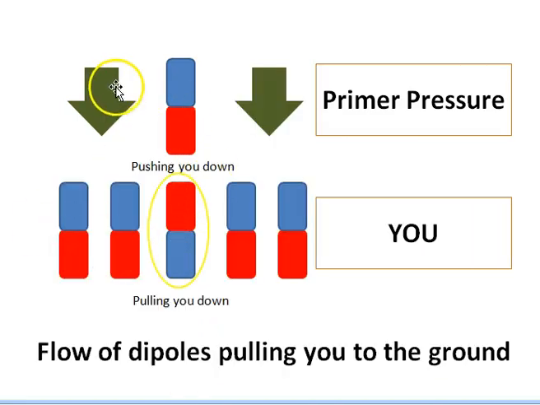And if there's many of these things raining down on you, they'll all, in a way, push on you, and then when they go past you, they'll begin to repel. These two will begin to attract you down to the earth. But nothing's going to stop this Primer pressure from doing its job. And it's all related to basically dipoles. The flow of dipoles pulling you to the ground is what we call gravity.